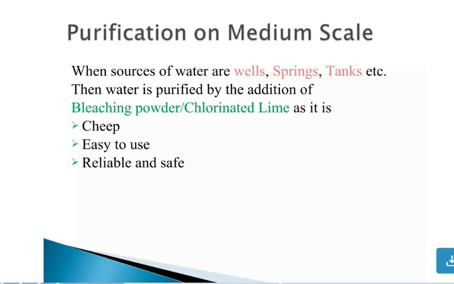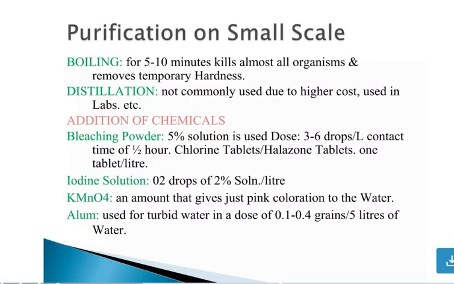When the source of water is a well, spring, or tank, then water is purified by addition of bleaching powder, chlorinated lime, as it is cheap, easy to use, reliable, and safe.